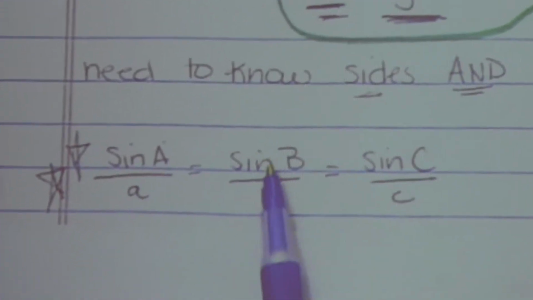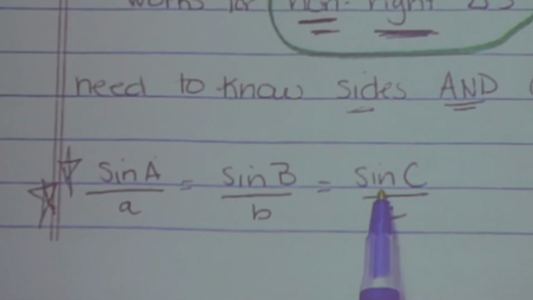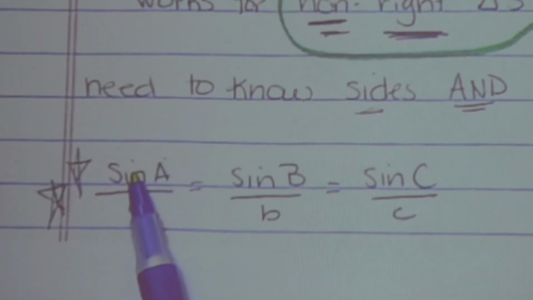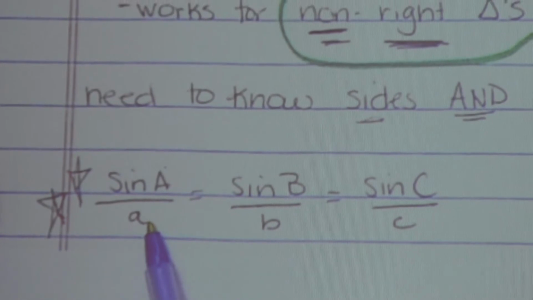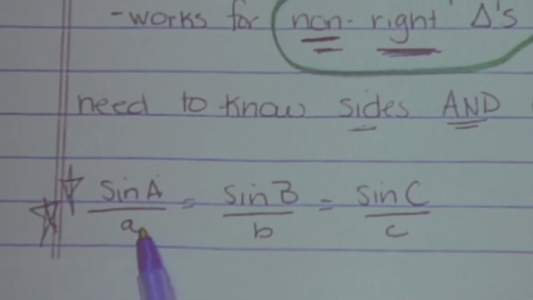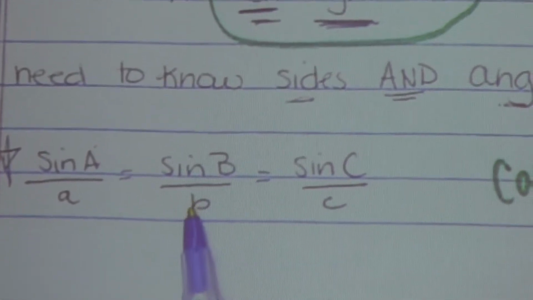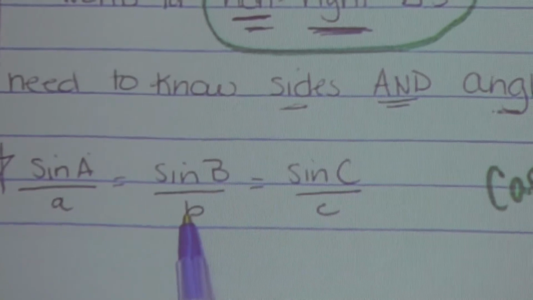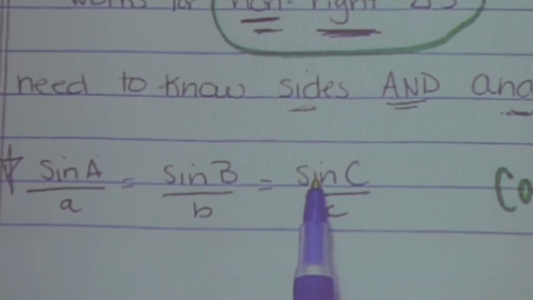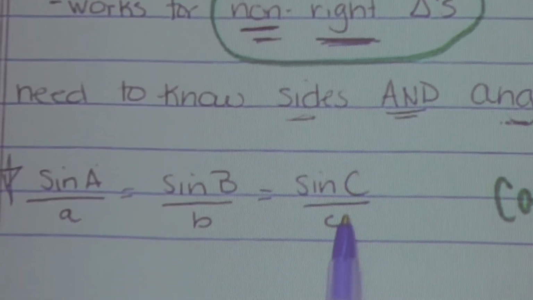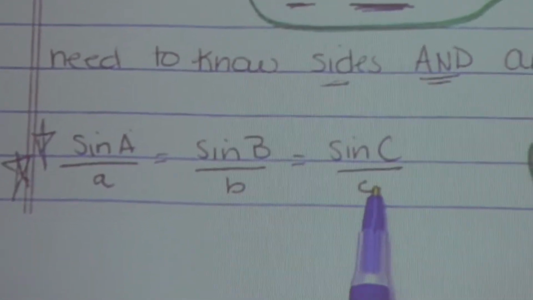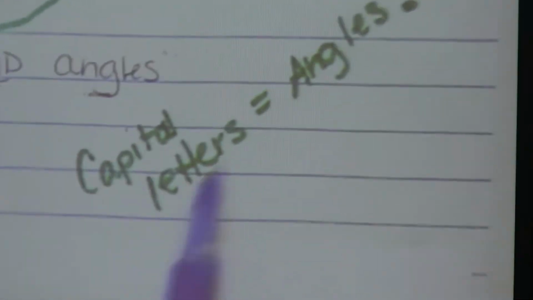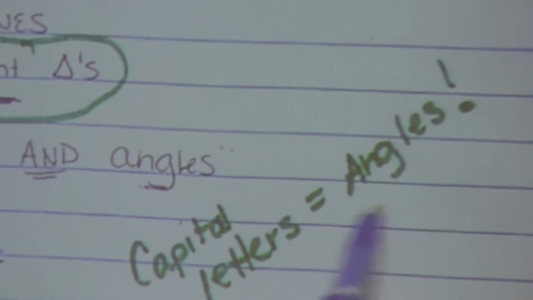Even though here we show all three parts, what the law of sines says is that if you took the sine of angle A and divided it by the side that's across from it, that ratio would be equal to what we'd get if we took the sine of angle B and divided that by the side across from it, and what we would get if we took the sine of angle C and divided that by what's across from it. Just as a reminder, the capital letters are our angles, so the angles are on the top, the sides are on the bottom.